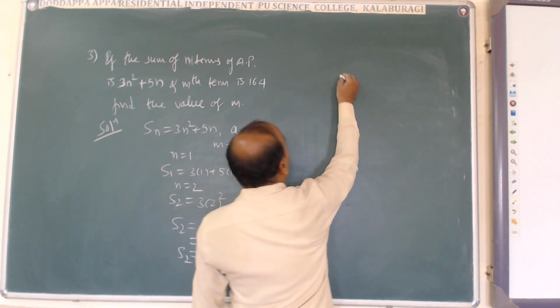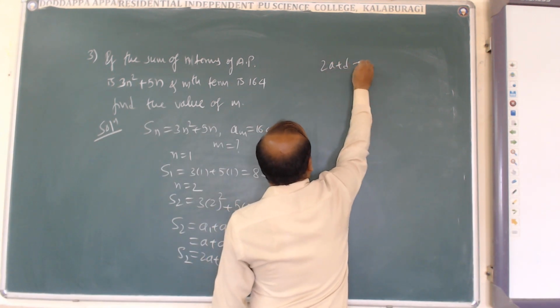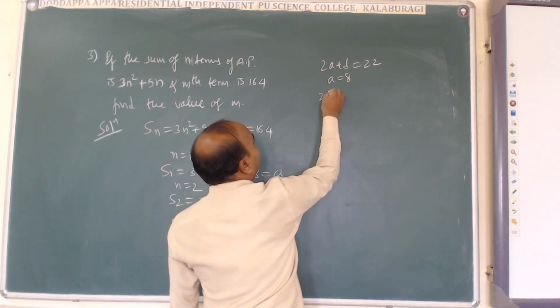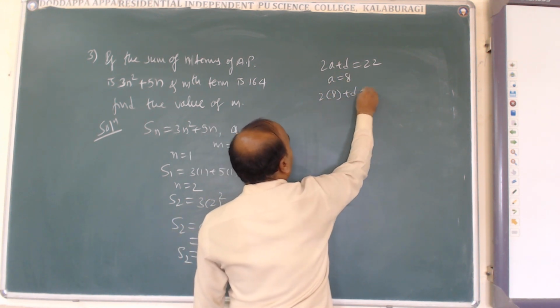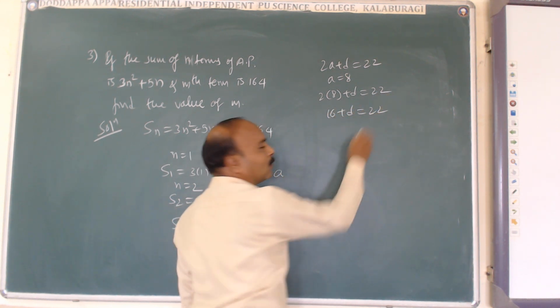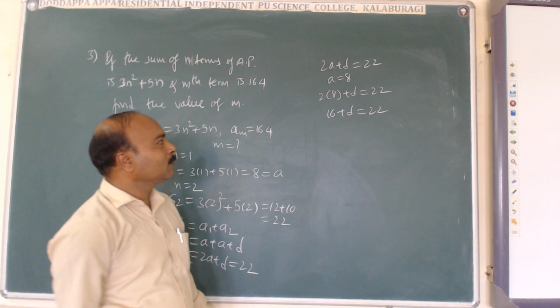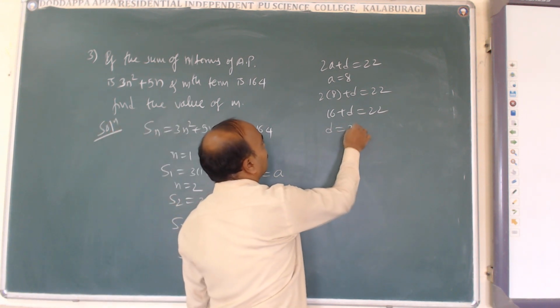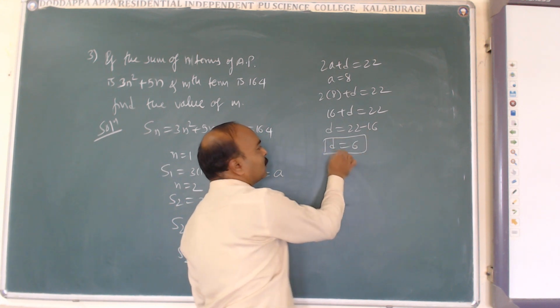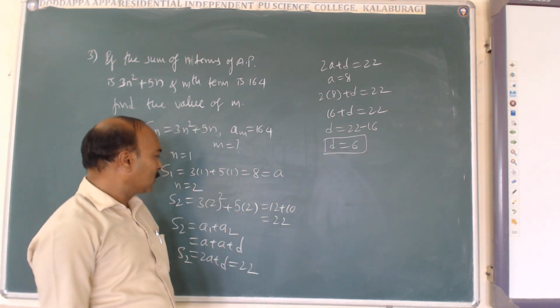It is 2a plus d equal to 22. A equal to 8, so 2 into 8 plus d equal to 22. 16 plus d equal to 22. Now simplify: d equal to 22 minus 16. d equal to 6. Common difference we got is 6.